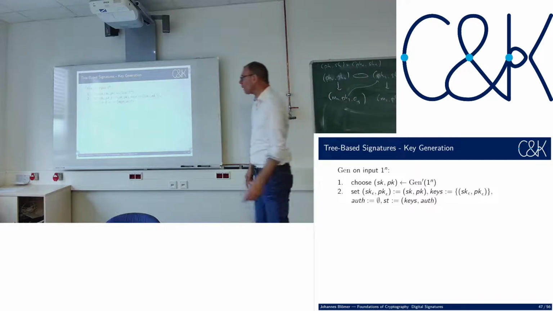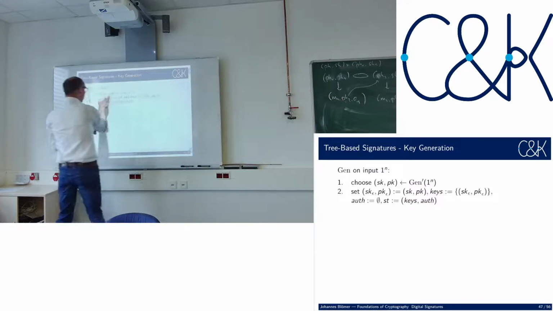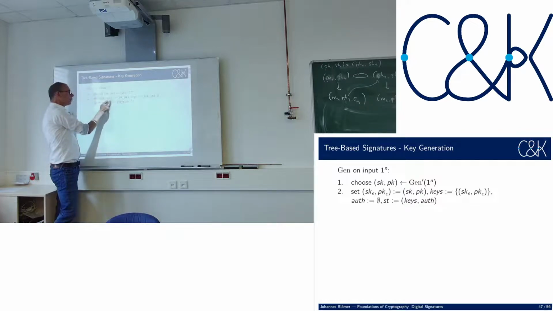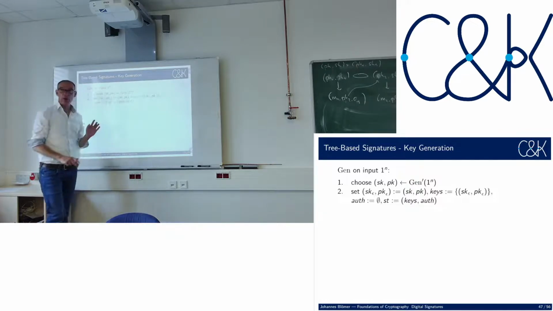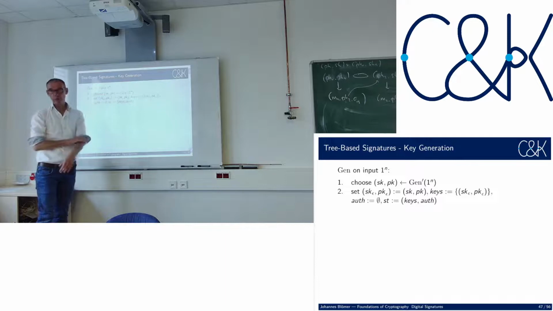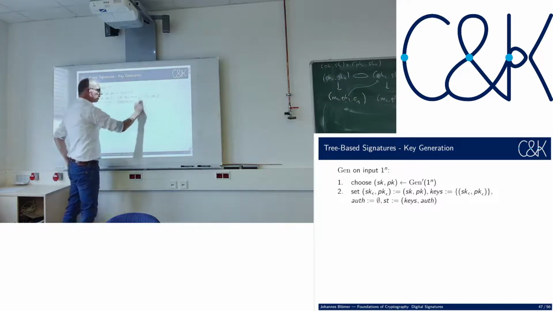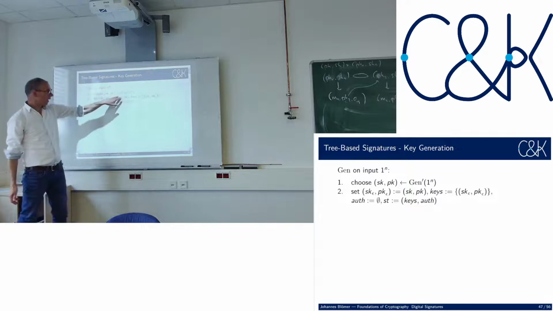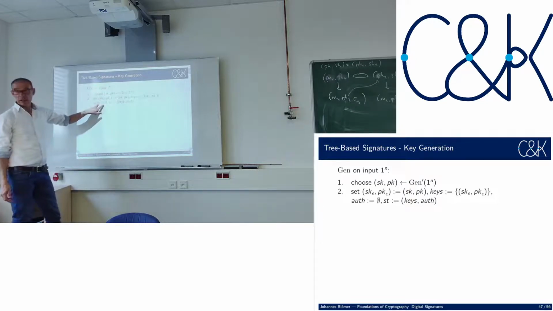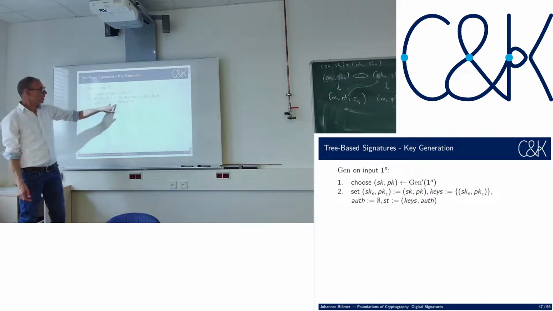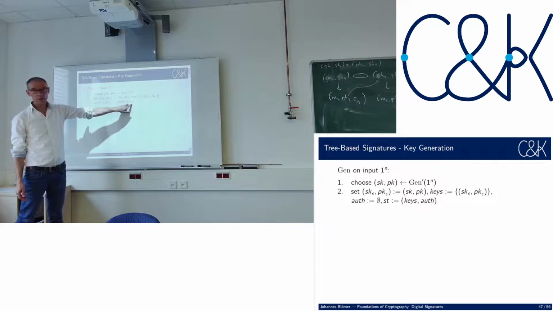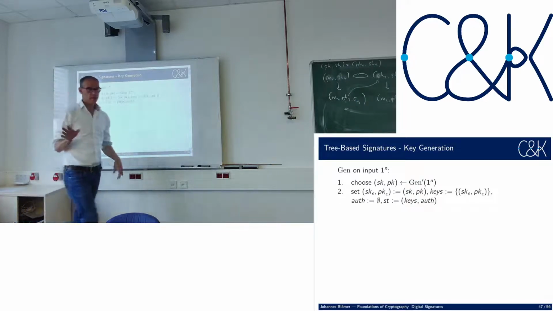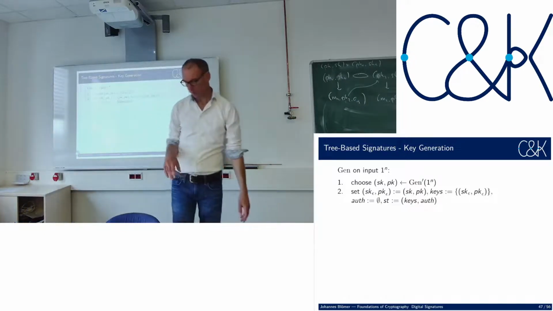The secret key and public key pair is the key that we store in the root. Keys is initialized with just this pair. We have again this authentication list, which is initialized to be empty here. And the state consists of keys and authentication list, but not messages. There also in auth there will be no messages in the beginning.